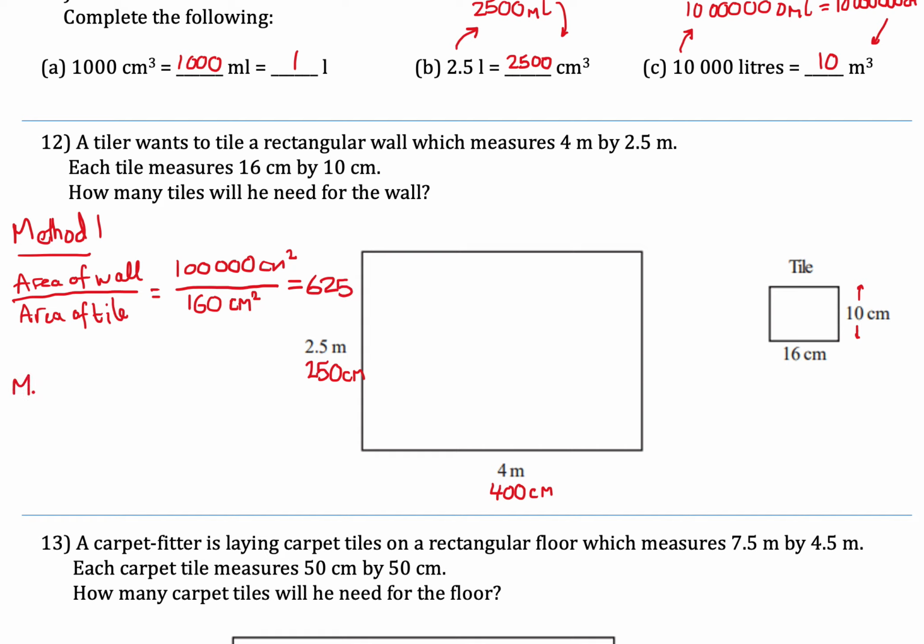Method two can sometimes be quicker, and I do emphasise it's only sometimes, and possibly not with this question. But it might just be easier to work out how many rows of tiles we can have and how many will be in each row. So if they're 10 centimetres high and the whole height of the wall is 250 centimetres, then I know we will be able to fit 25 tiles vertically.